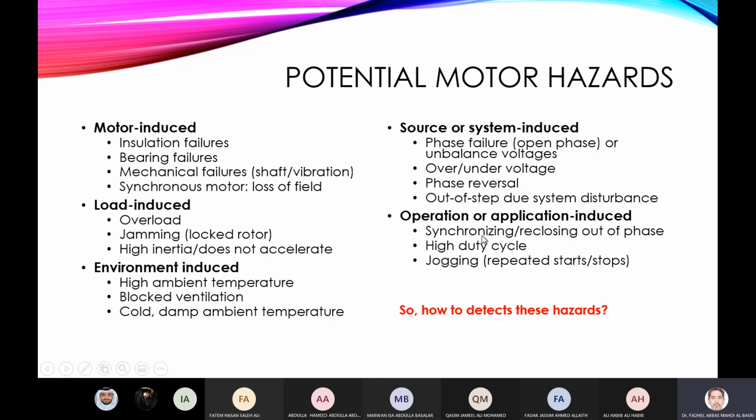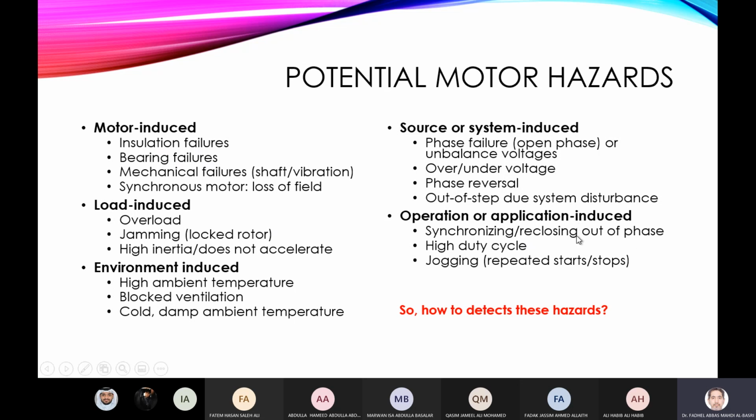We have also operation and application related failures. Maybe sometimes you try to reclose a motor out of phase.